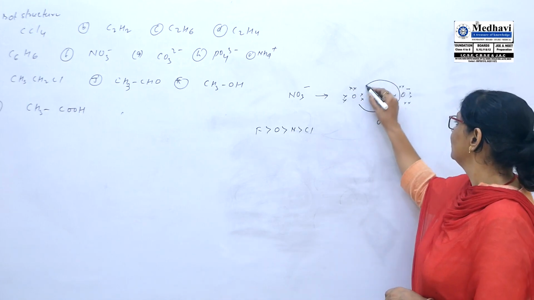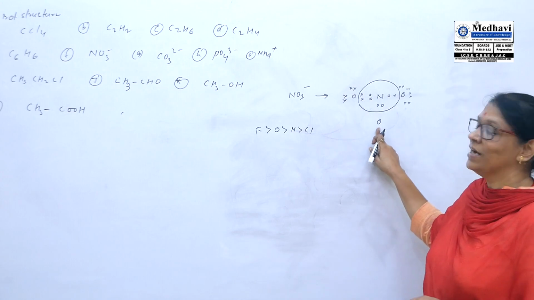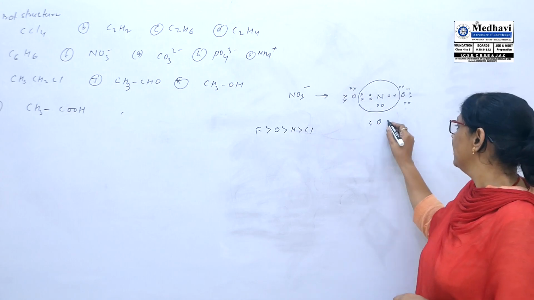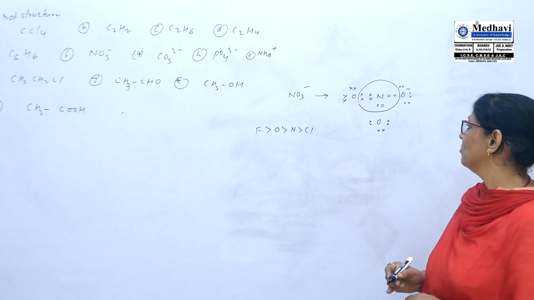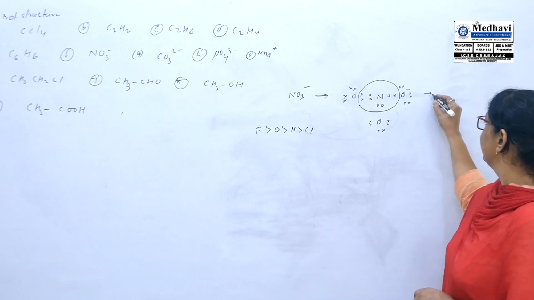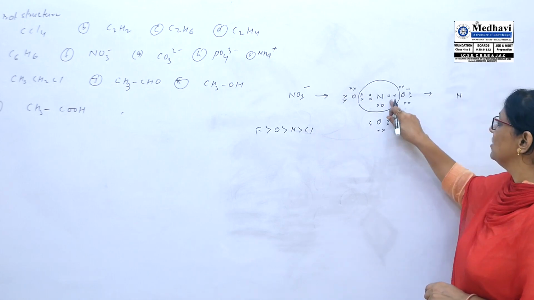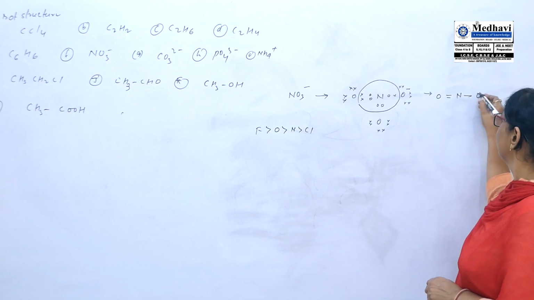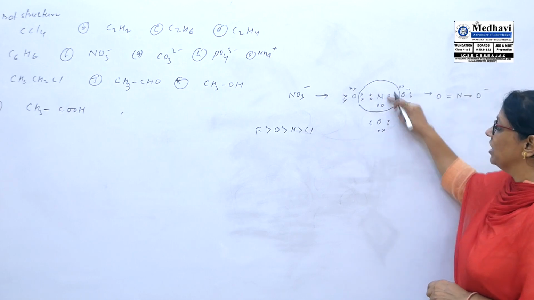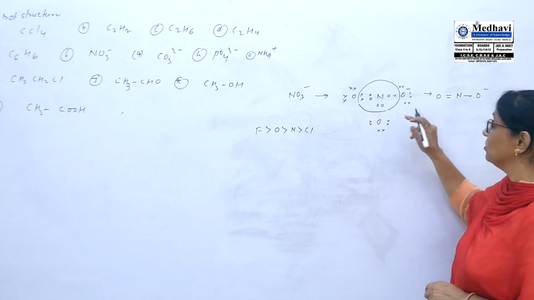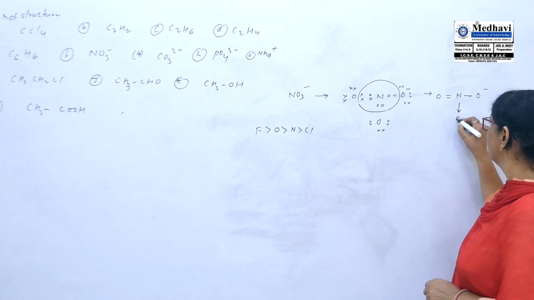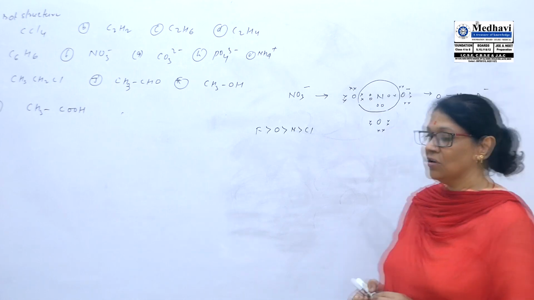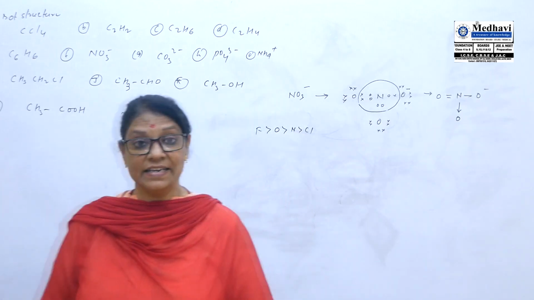Very important: this oxygen needs 2 electrons, so it will form a coordinate bond with the nitrogen. So we can say N has equal sharing single bond, equal sharing double bond, and sharing between 2 atoms but the electrons are given by nitrogen, so it is a coordinate bond. This way we can draw the dot structure of nitrate ion.